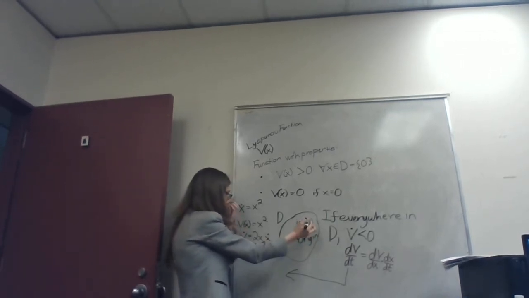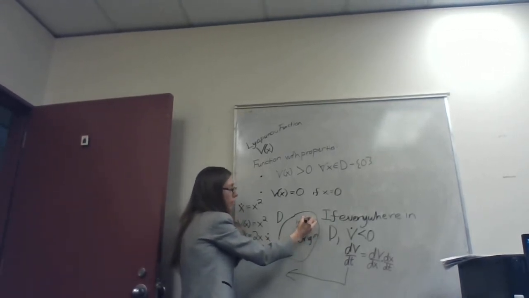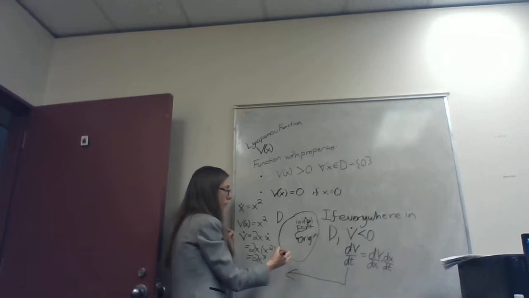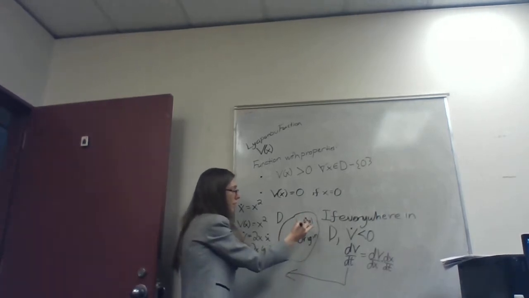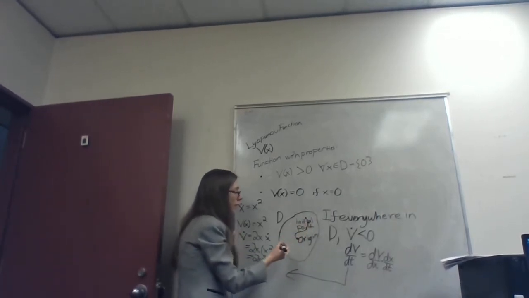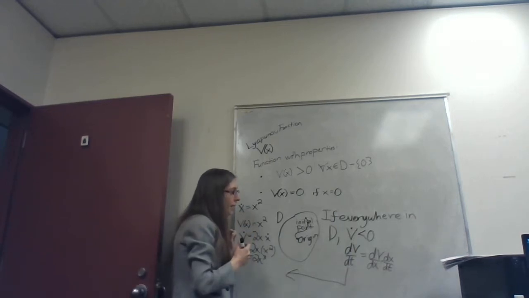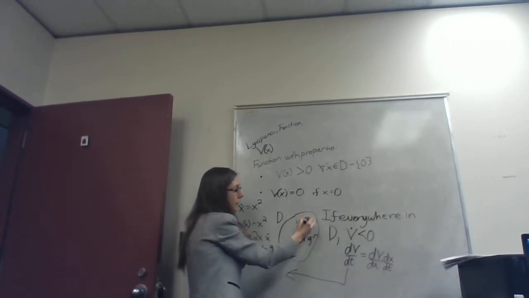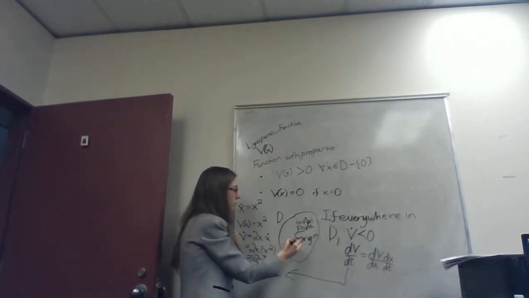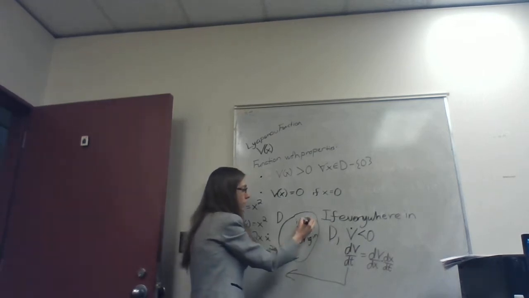So then, if you follow this, you could evaluate v of x here, and here, at every single point in the solution of this differential equation that started from this initial point. Then you could say, okay, v is changing with x. How does it change as I follow this trajectory?